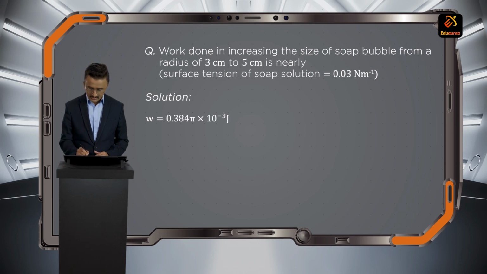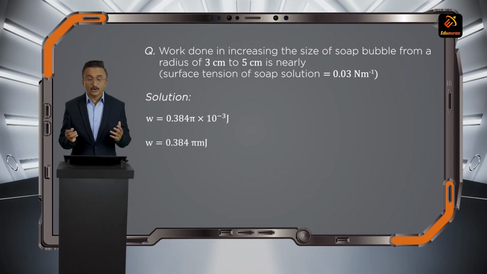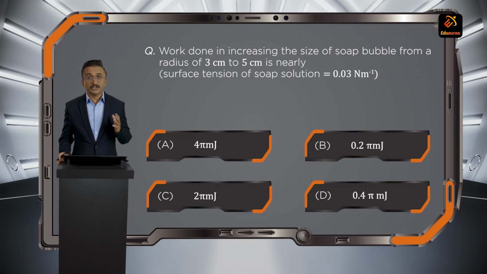So it is 0.384 pi into 10 power minus 3 joule. But 10 power minus 3 joule, it is what? Millijoule. So it is 0.384 pi millijoule, which is approximately equal to 0.4 pi millijoule. So the correct option is option D.